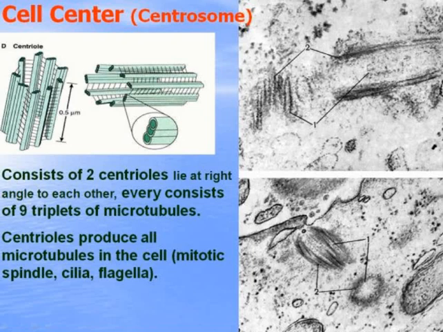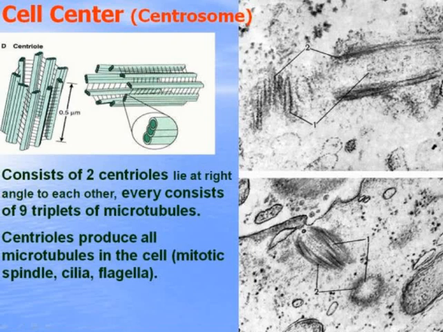Finally, the cell center or centrosome is also a non-membranous organelle of general meaning. It consists of 2 centrioles lying at right angles to each other, and each consists of 9 triplets of microtubules, which form the wall of this cylinder.